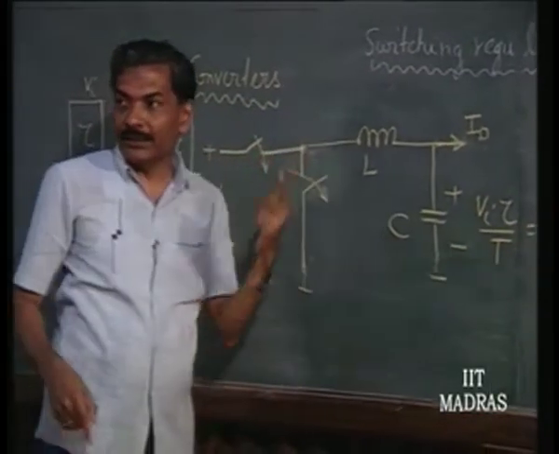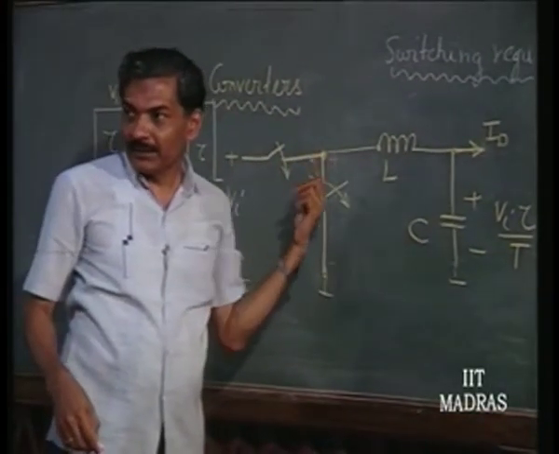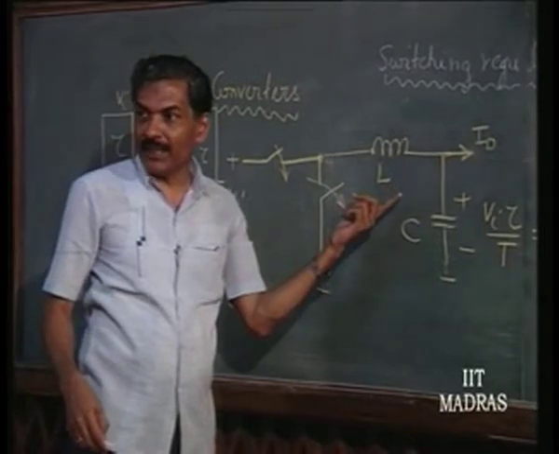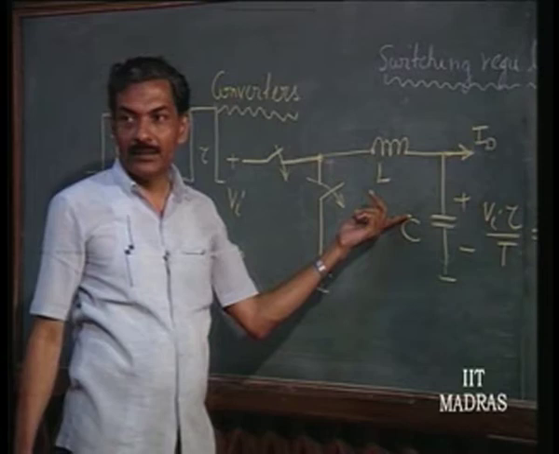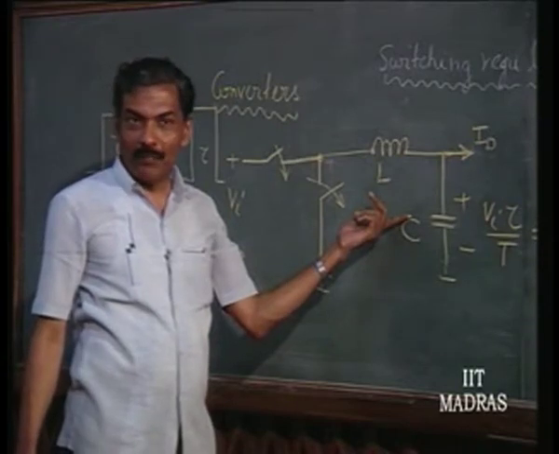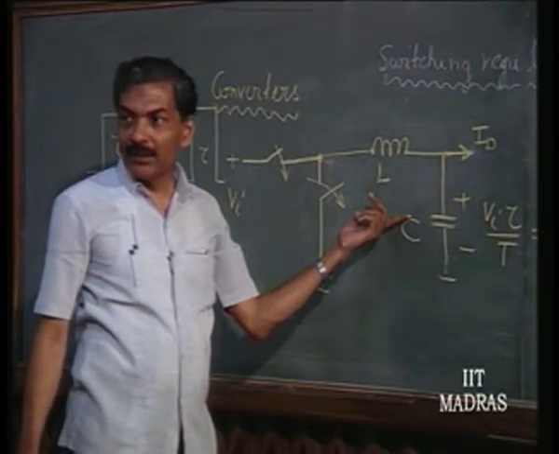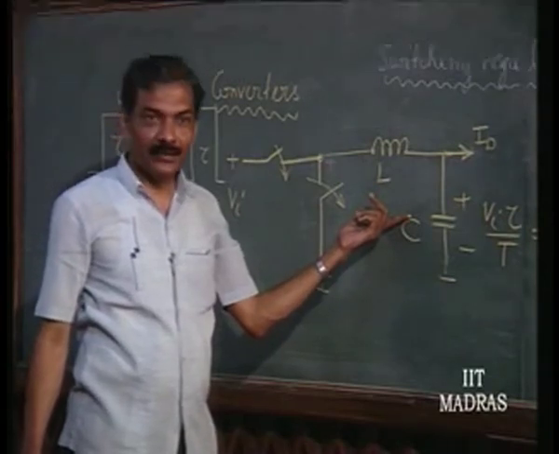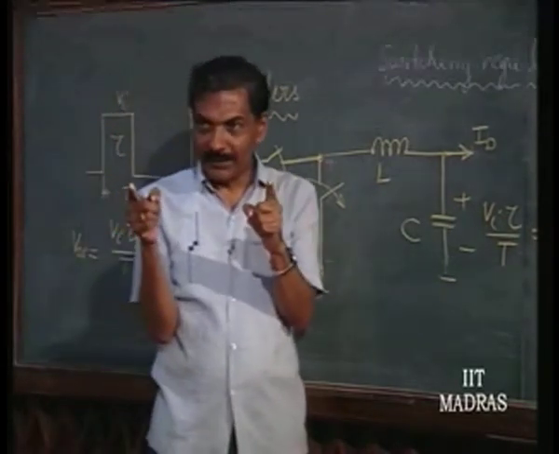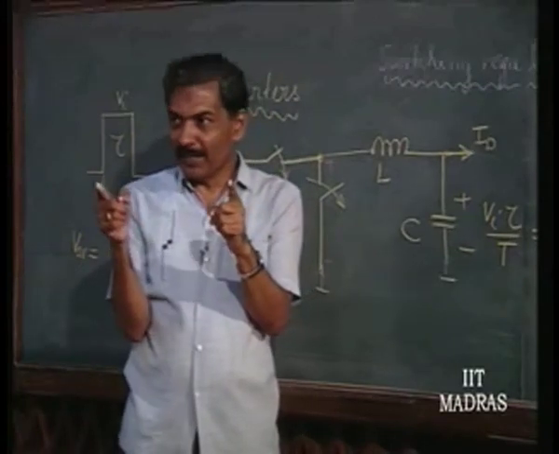So, the voltage across the inductor when it is connected to the supply is V I minus V naught. So, what is the current through it? A DC voltage is applied across the inductor of magnitude V I minus V naught.